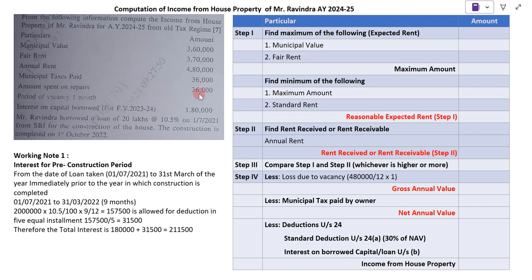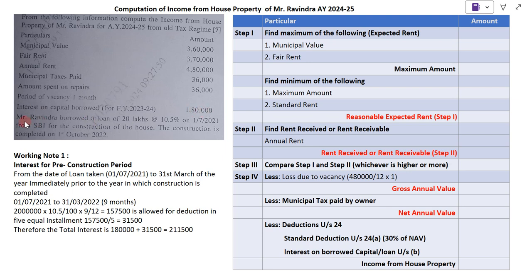Amount spent on repairs 36,000. The house property was vacant for 1 month. Next is interest on capital borrowed for financial year 2023-24, which is 1,80,000. So capital is borrowed, and the interest is 1,80,000.